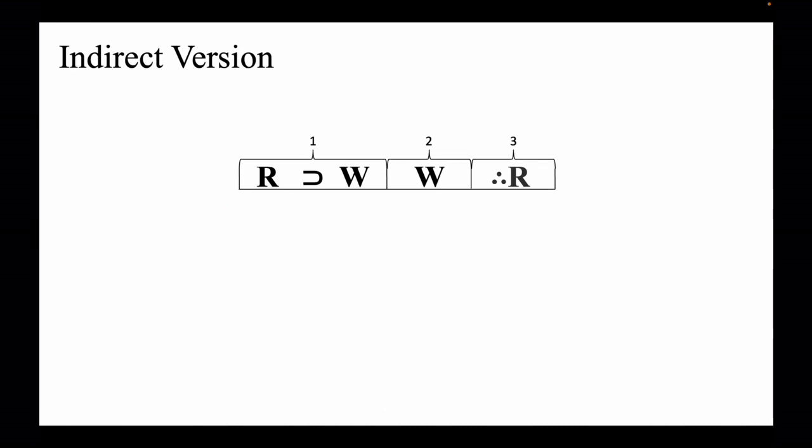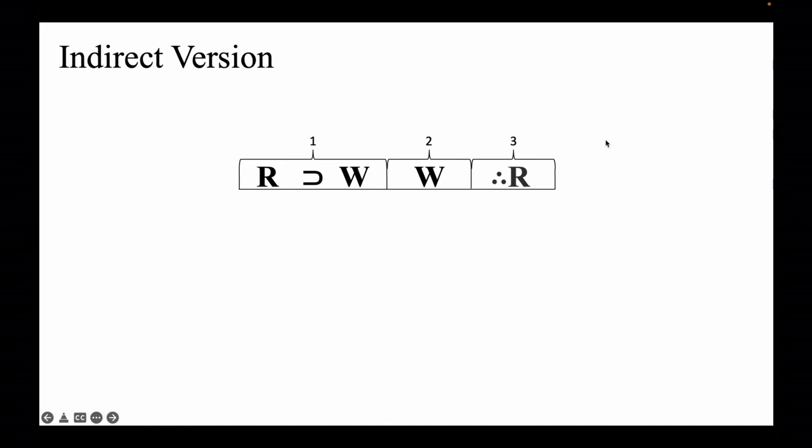Now, the indirect version of this works differently. So how does the indirect truth table work? First of all, we don't need to list all the combinations, all the truth values. And we don't start from the far left, but we start with whatever we know. Recall that an argument is invalid if the premises can be true and still the conclusion can be false.